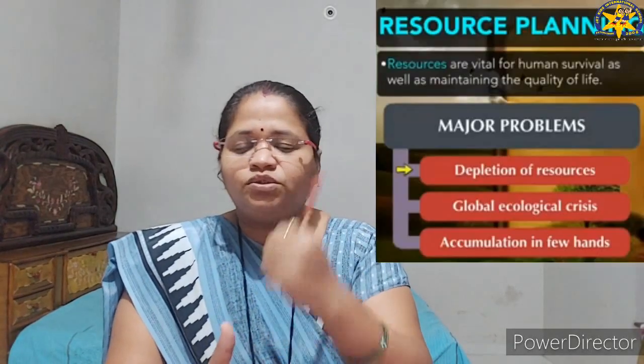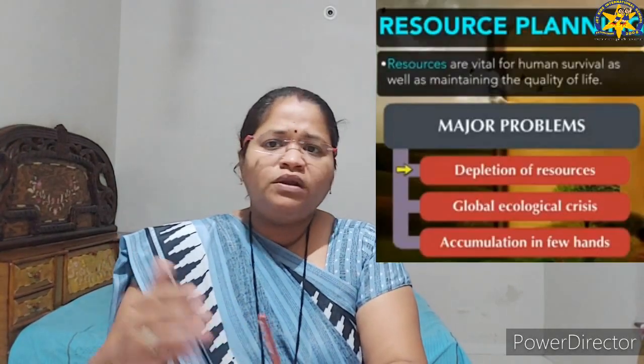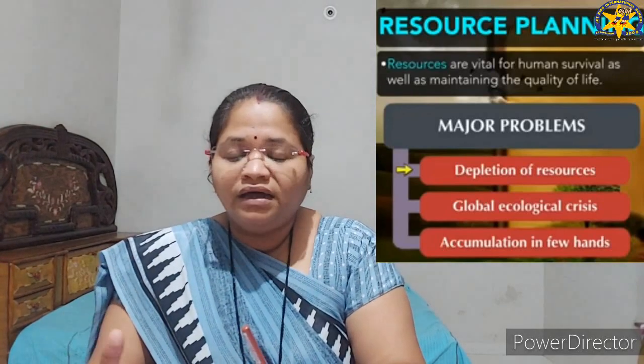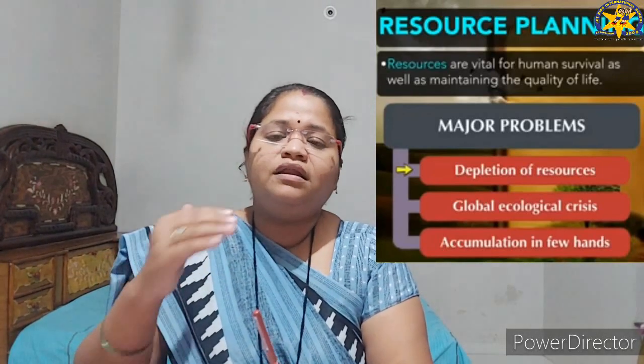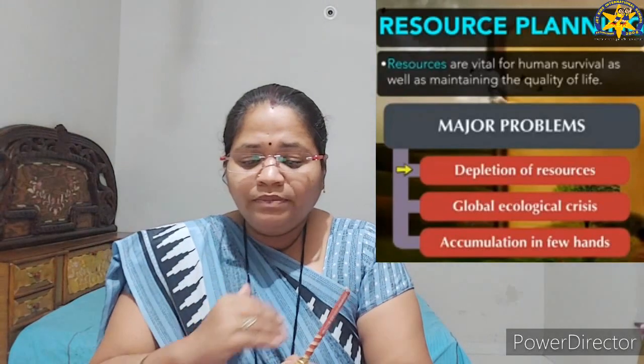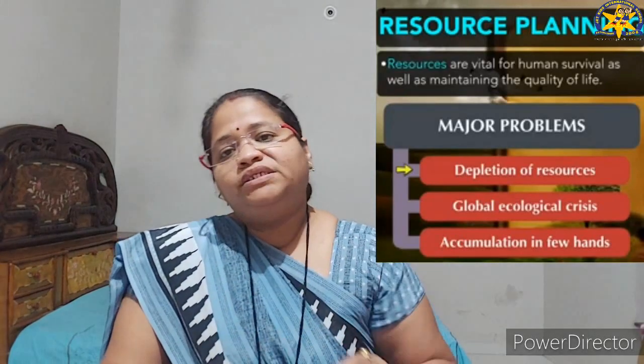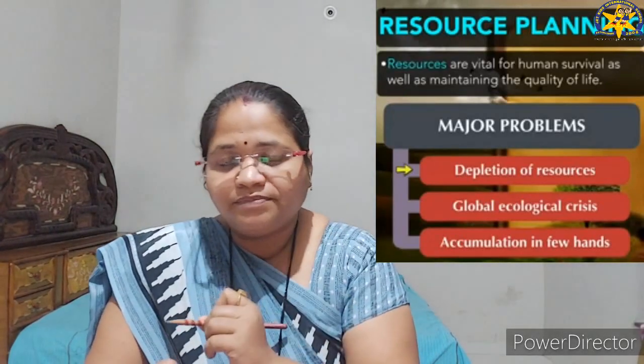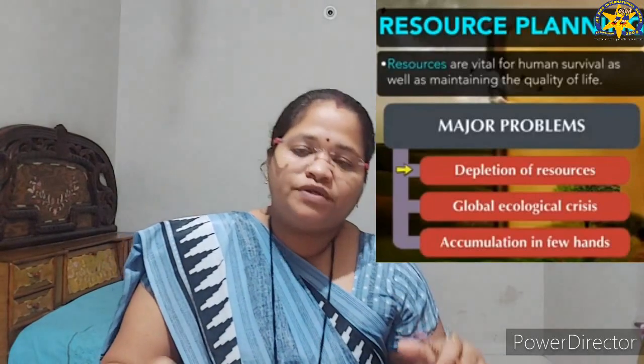But children, we are able to see the development of resources. Resources are very important for human being survival. We need it. Need means which satisfies our needs. But if resources are not used with a proper plan, it will create a lot of problems. What will that be? We are able to see the problem of depletion of resources.